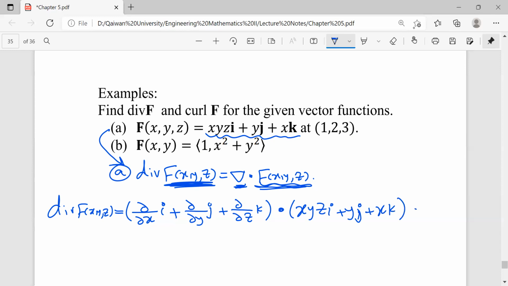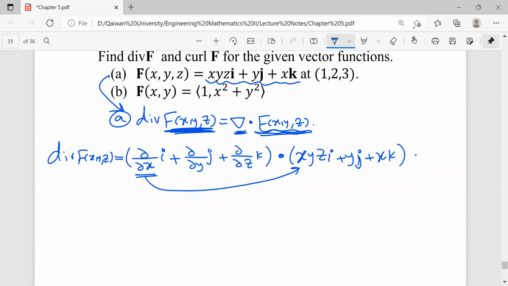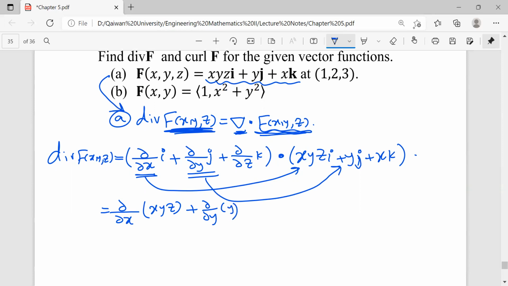To find the dot product, we multiply i component by i component, j component by j component, and k component by k component. We get partial by partial x of xyz plus partial by partial y of y plus partial by partial z of x.